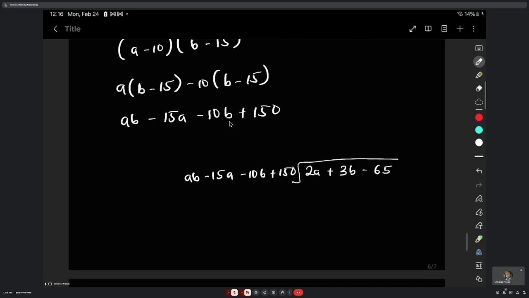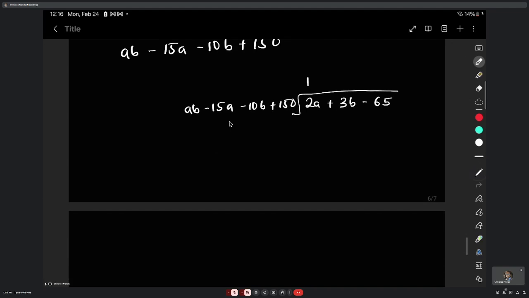Let's try it. Minus this AB, which one is one, we are going to get minus AB, and then it will work. So you will not compress everything together. Then minus 15A minus 10B, everything will go slowly, right?